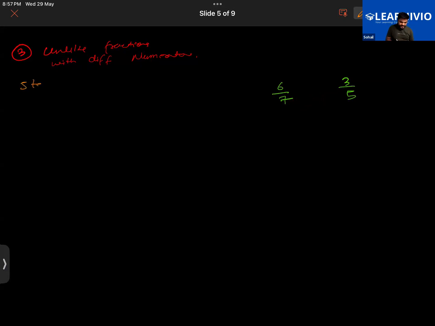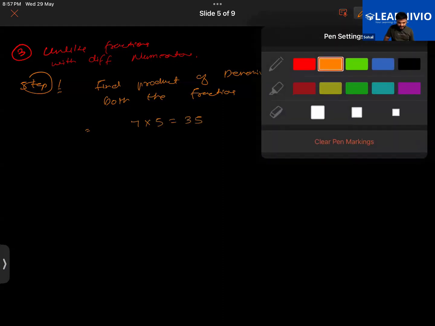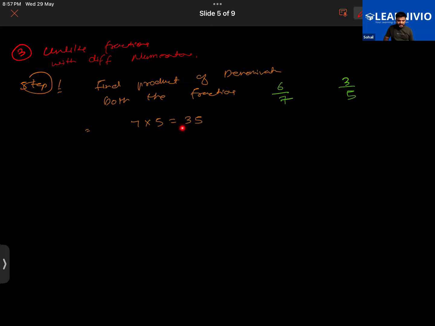So step number 1 says that find the product of denominator of both the fractions. So here it is 7 times 5, that is 35. So we are looking out for such an equivalent fraction that has got 35 in the denominator. Can you do this one? Try to do this.